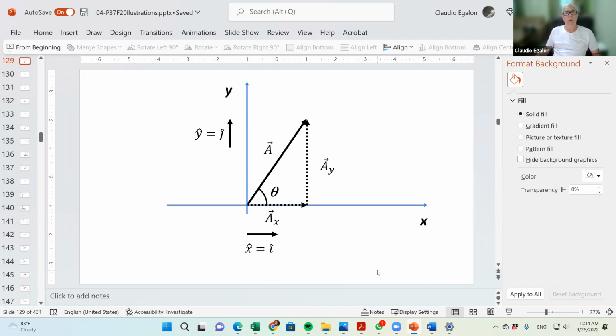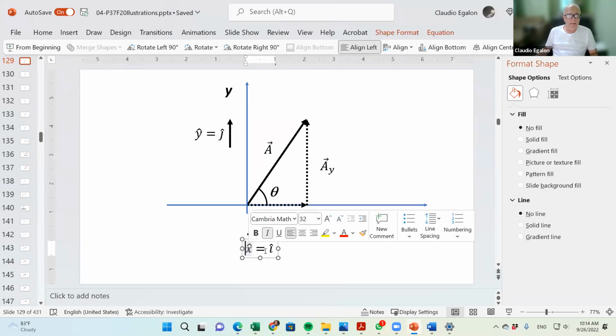So let's say we have this little vector pointing along the X axis that has a unit of 1, that has a length of 1. It doesn't have any dimension whatsoever. We usually call those unit vectors X hat. Many books call this vector not X hat, but I hat.